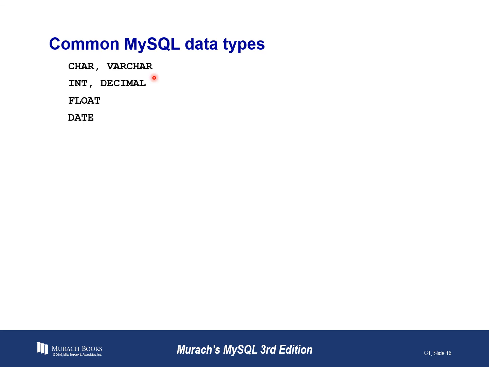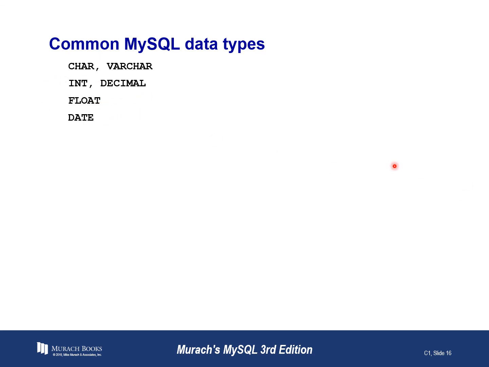Char or varchar are used to store character data, like strings, for example. In Python, you have strings, and in other languages as well. So that's what char and varchars will store. Int is going to store integer values, so whole numbers, and then decimal is going to store floating point numbers, like big floating point numbers.